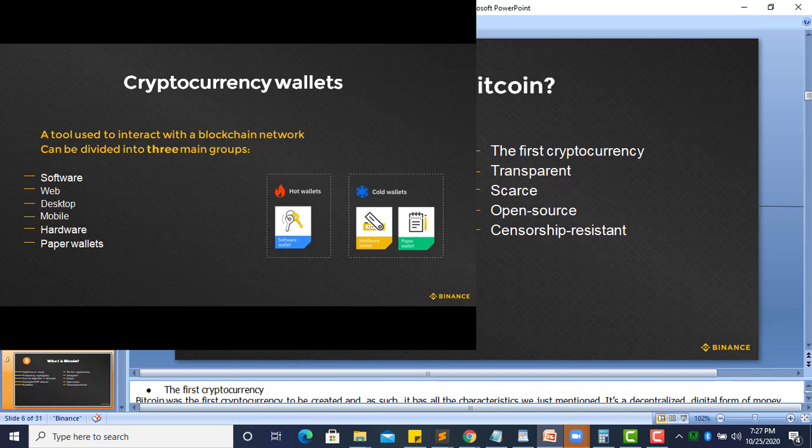So I want to ask, has any of us used Luno before? If you have used Luno, let me see your hands. Luno wallet is a software wallet.